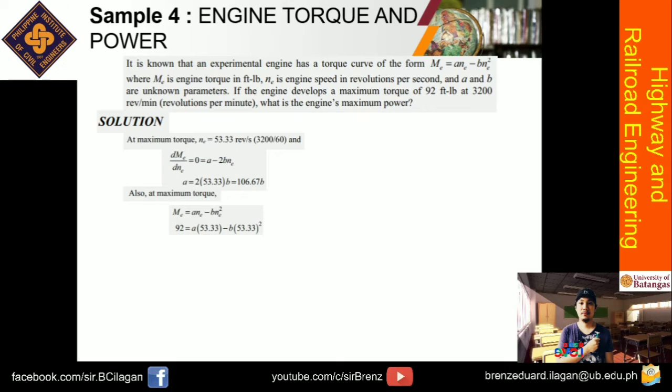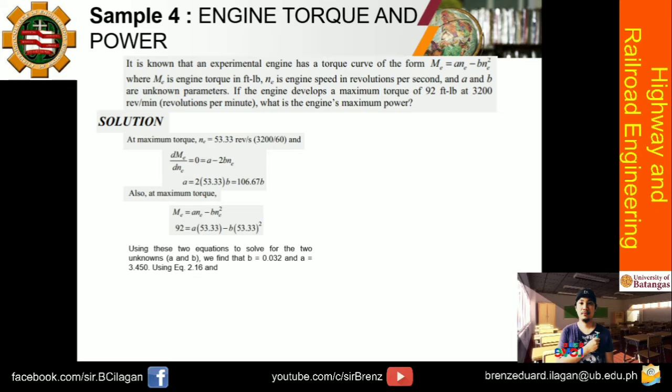Also at maximum torque, the equation will be M sub E is equals to a N sub E minus b N sub E squared. So by substituting the values there, the equation will be 92 is equals to 53.33 of a minus 53.33 squared of b. And by using these two equations to solve for the two unknowns, we will find that b is equals to 0.032 and a is equals to 3.450.